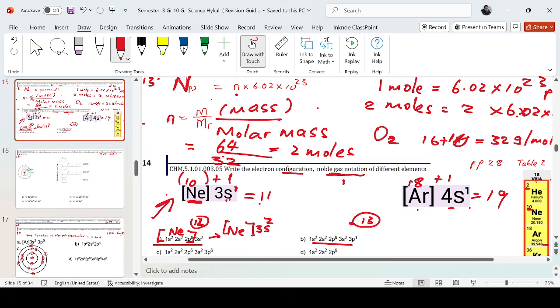Which noble gas is close to 13? It's neon. Neon takes 10 electrons. Up to here, it's neon. After neon, I have 3s2 and 3p1. Okay?